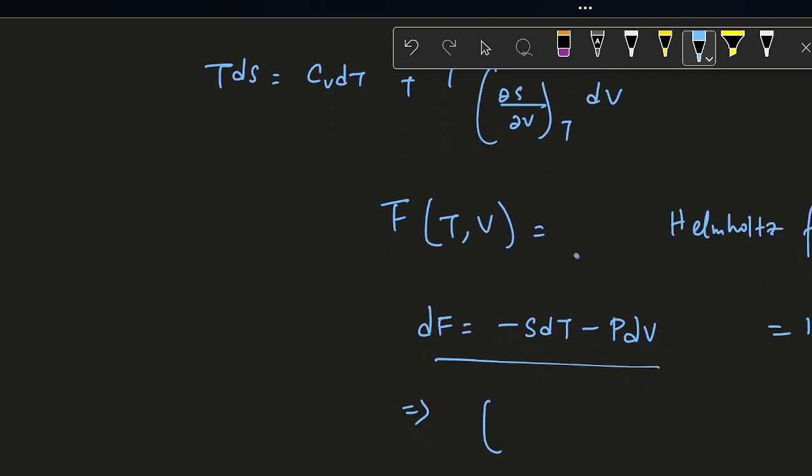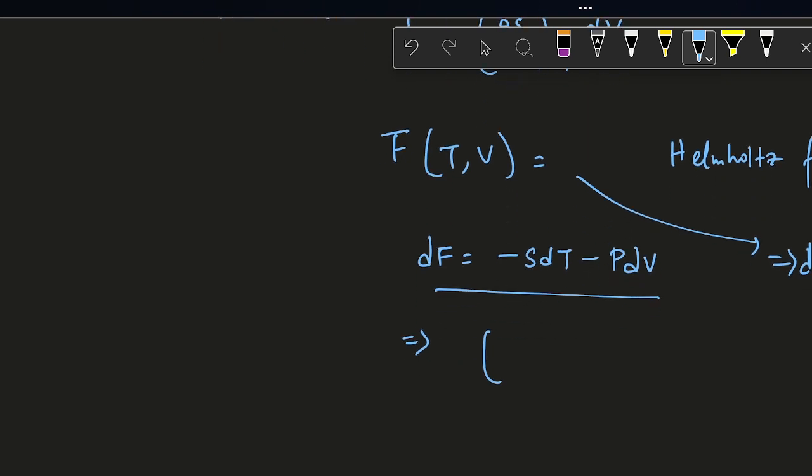dF, because F is a function of T and V, so dF can be del F del T at V constant dT plus del F del V at T constant dV.